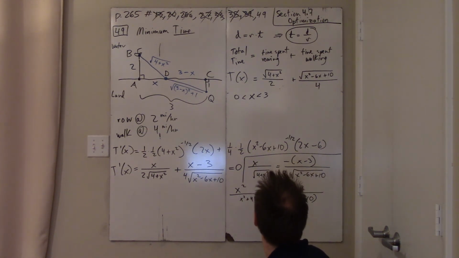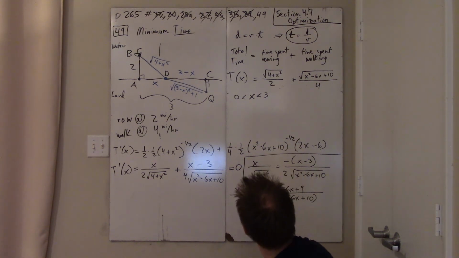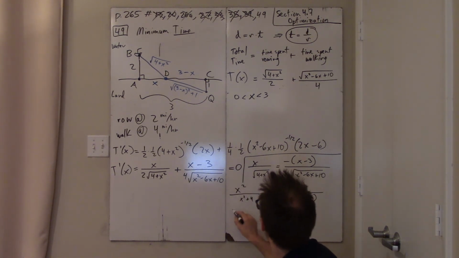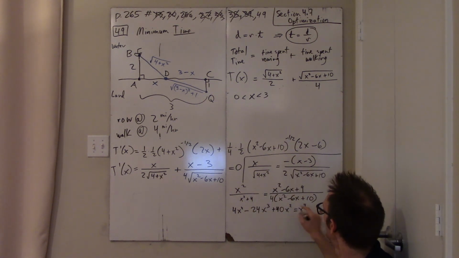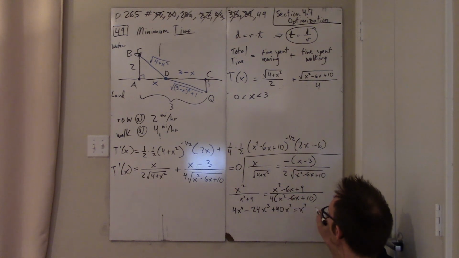Wow. Well, just keep going. If we cross multiply this, we get 4x to the 4th minus 24x cubed plus 40x squared equals x to the 4th minus 24x squared. This is now just getting ridiculous. Plus 9x squared.